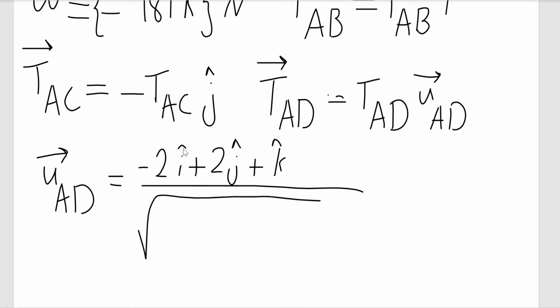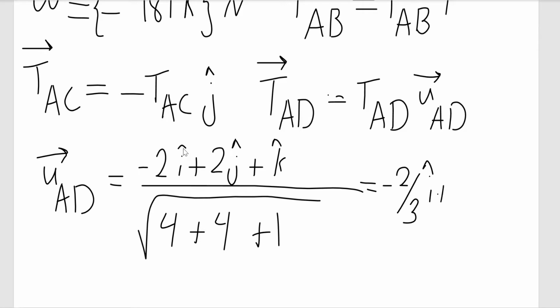And this one, 2 squared would be 4, plus 4, 1 squared would be 1, so that would be a square root of 9, which is 3. So my unit vector is negative 2/3 i, plus 2/3 j, plus 1/3 k.